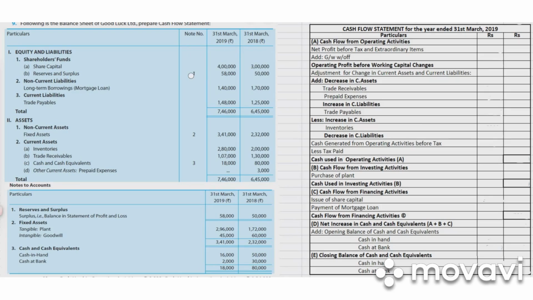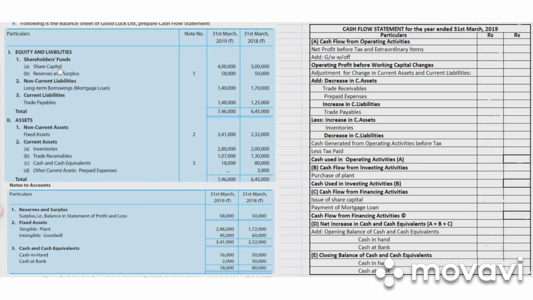We can see note number 1, note number 2, note number 3, etc. Each note is explained in the notes to accounts section very clearly. You can see it here, 1, 2, 3, etc.